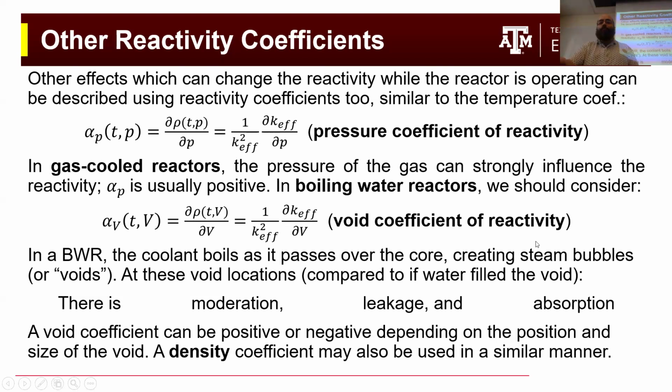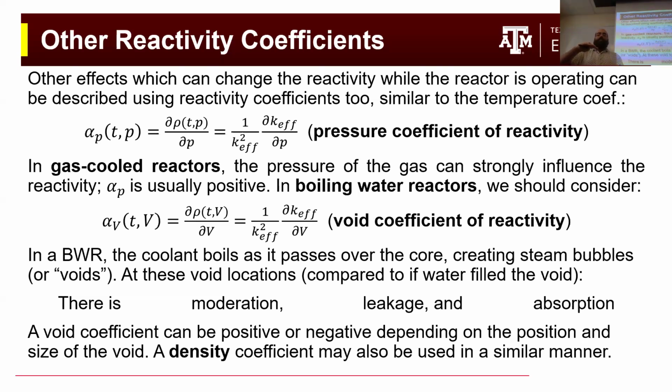The void fraction is more important in boiling water reactors because in a boiling water reactor, you have your core and you have coolant that comes in through the bottom of the core, passes over these fuel elements, but as the coolant passes over them, the reactor itself is not pressurized as much as a PWR is, which allows the coolant to actually begin to boil while it's in the core.